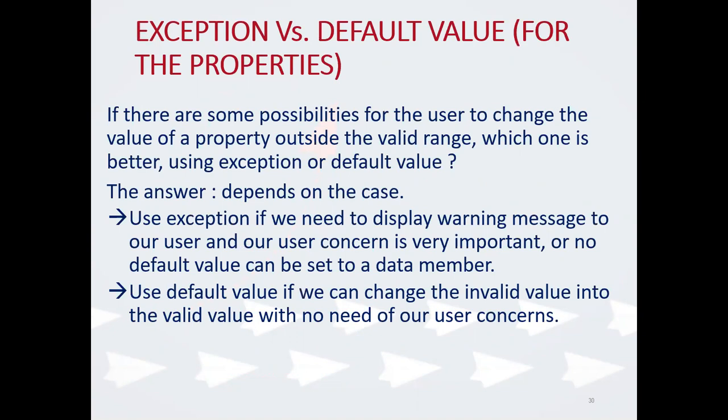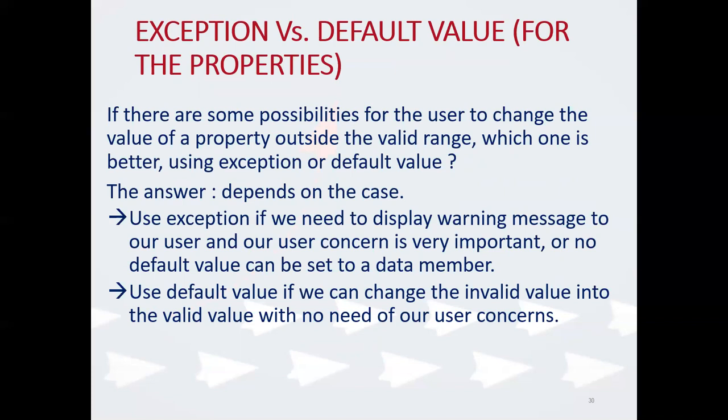All right. So for example, in our case before, with our cash and points, we used default value. If for some reason the value becomes invalid, we change it into a default value. Right? For points, if the points become negative, we change it to 0. 0 is the default value.